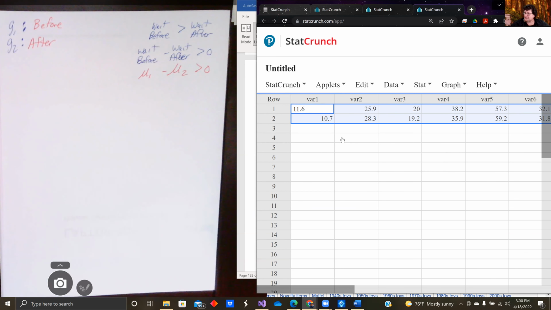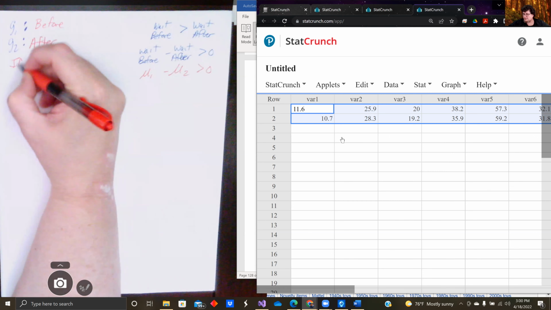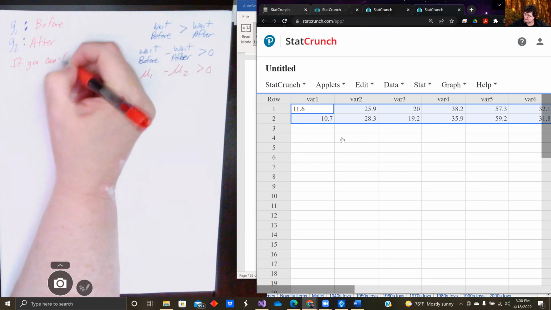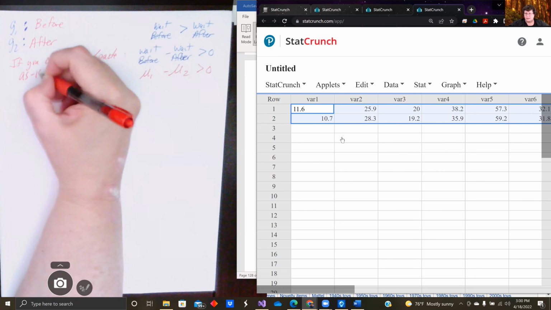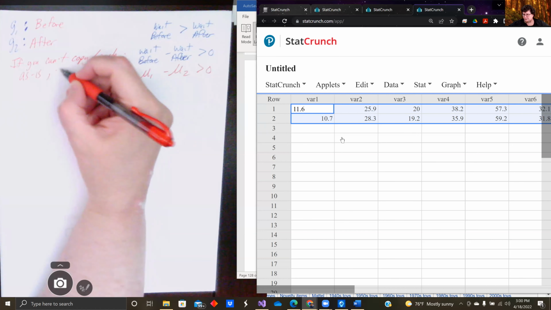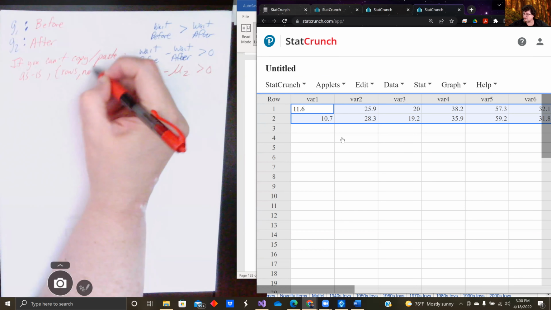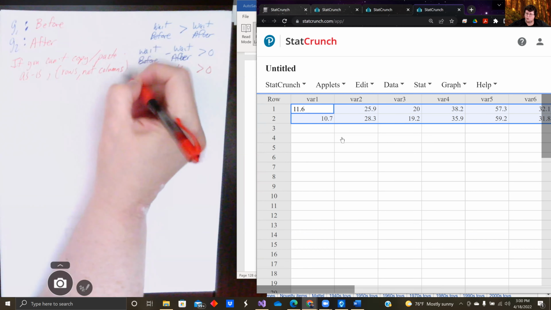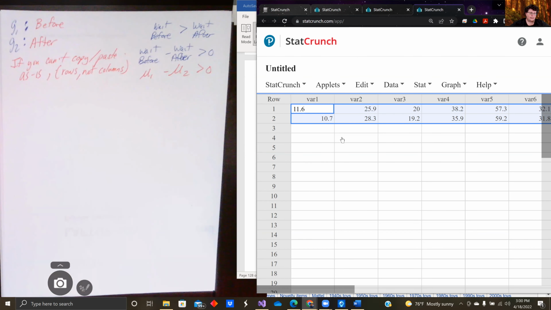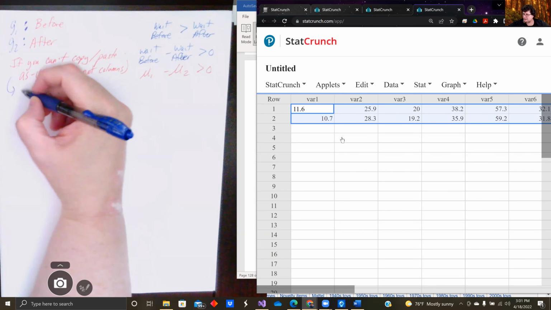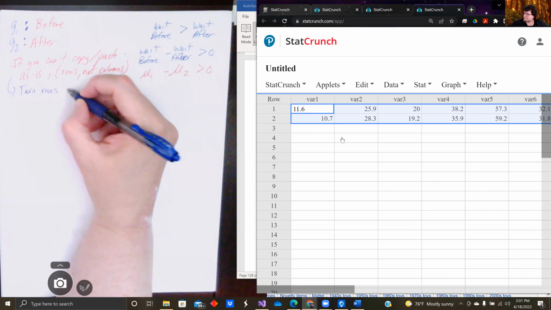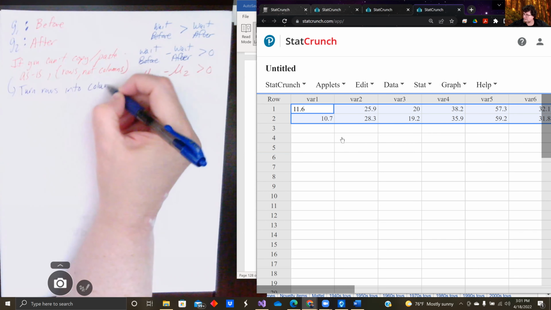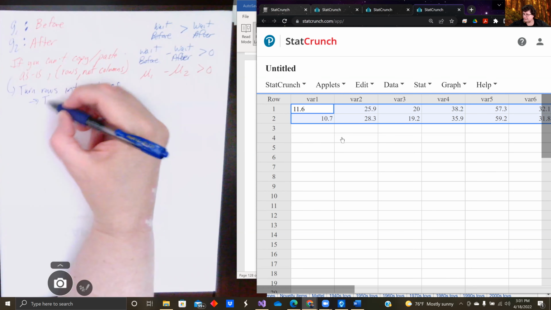If you can't copy and paste as is, like it's in row form, not columns, what you can do is you can tell it, we can make it flip it. So StatCrunch can turn rows into columns. And it's called transposing them.